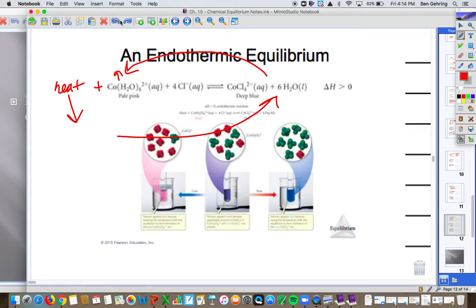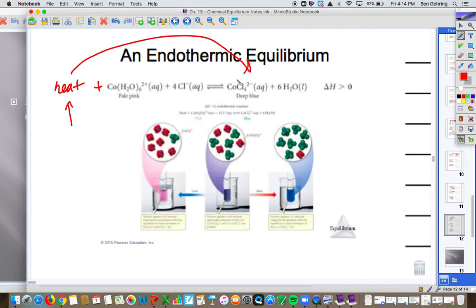Now if I add heat, this is going to favor the forward reaction, which means that these are going to go up, my chloride is going to drop, my cobalt is going to drop, and my heat after it's added is going to then drop.